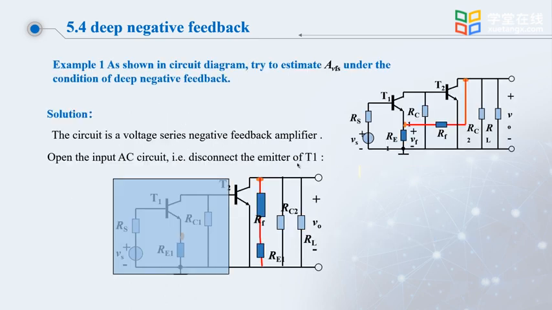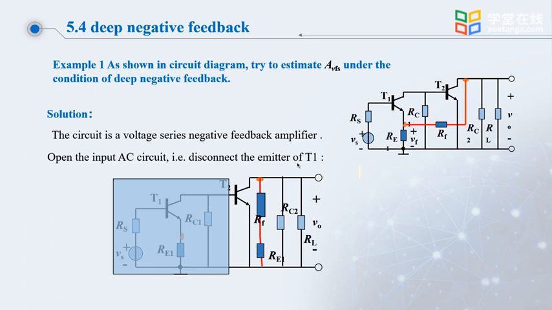Let's calculate the negative feedback amplification circuits that meet the deep feedback condition, and their performance indicators, for example, the closed-loop voltage gain, or the closed-loop current gain. Let's calculate. For such a calculation problem, we have a very clear set of analysis steps.